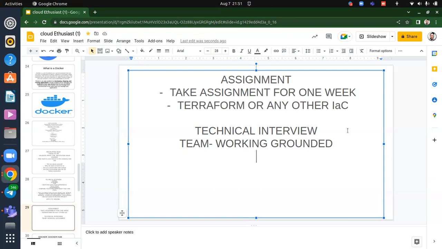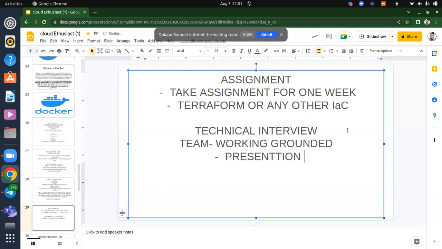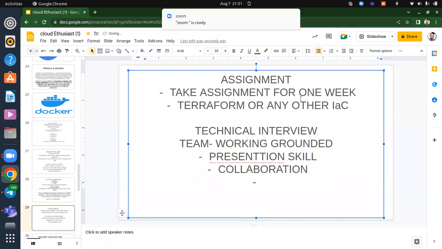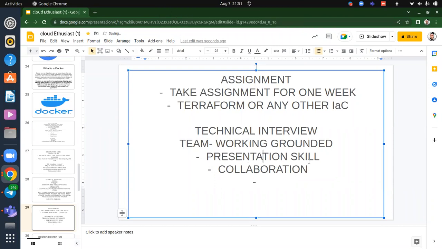But what they are expecting from you here is, one, your presentation skill. Two, collaboration. The other thing they look at is your troubleshooting skill.